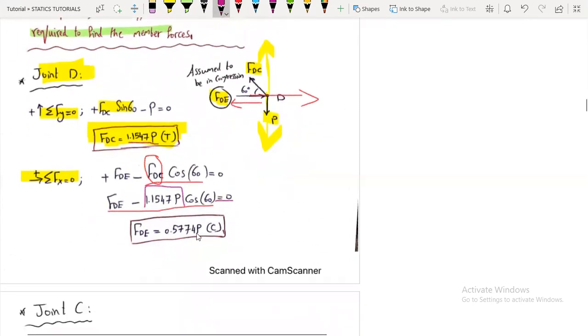Then FDE will be 0.5774 P. Since it's a positive value, my assumption is correct, it is a compression. I have assumed it from the beginning to be a compression force. If you have assumed it to be a tensile force, you will get a negative sign, and you will say, okay, my assumption is not correct, so it's a compression force.